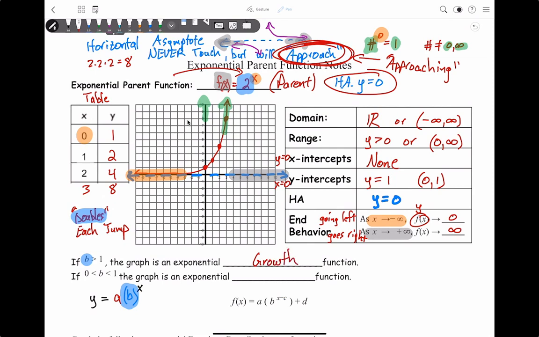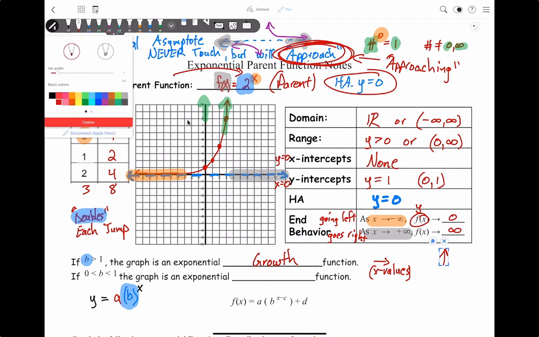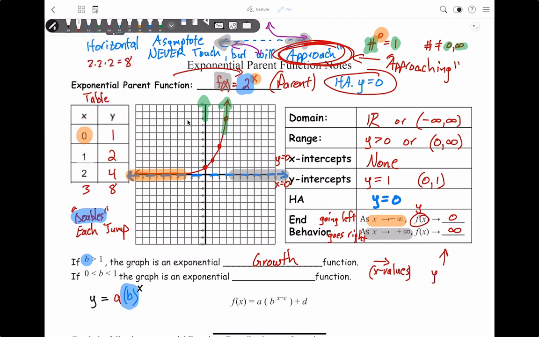We can see that as you go to the right, it's growing. As x values go to the right, the y values are going to go up. That's growth. Let me write that in so that you understand: y values are going to go up, otherwise what we say is increase.